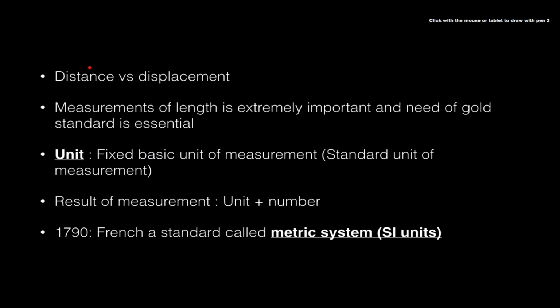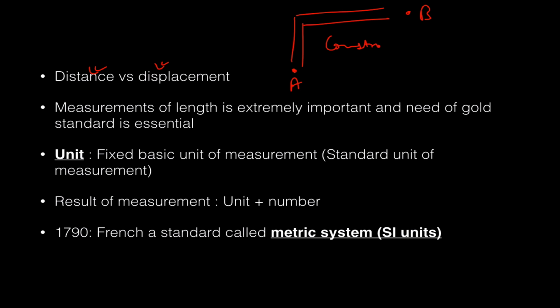Now there is a small concept called distance versus displacement. Let's say this is my house A and this is my friend's house B. So the road goes like this, and let's say a huge construction work is going on through which no passing is allowed. So the distance will be easy to measure. This point to this point and then this point to this point is called distance.